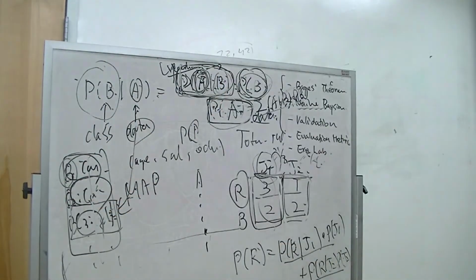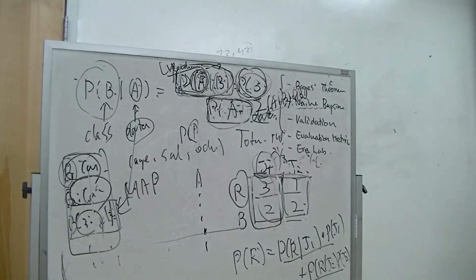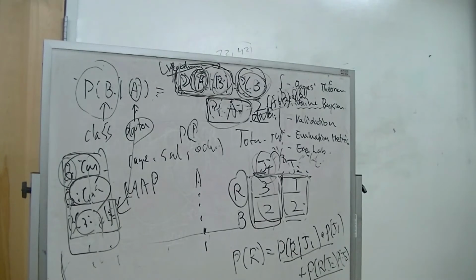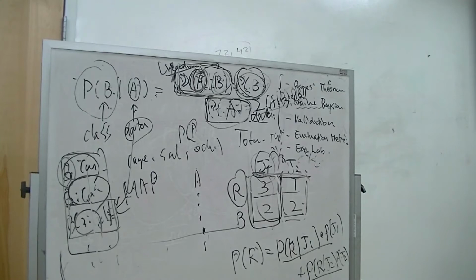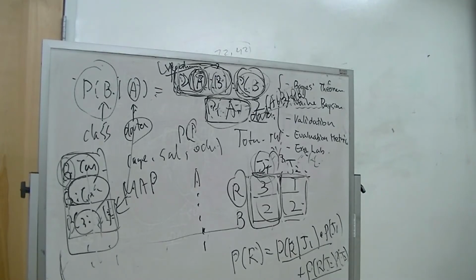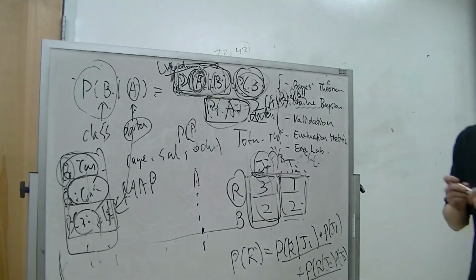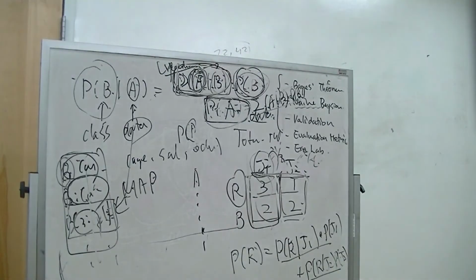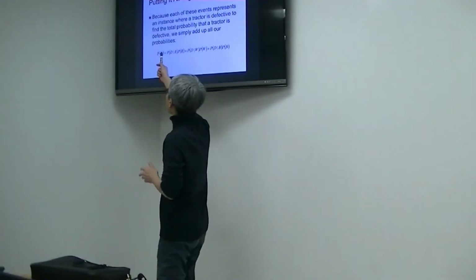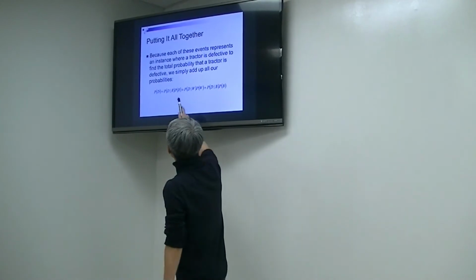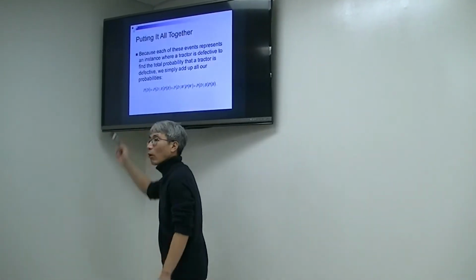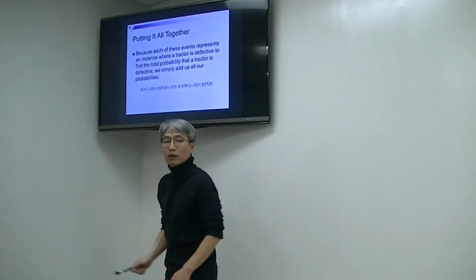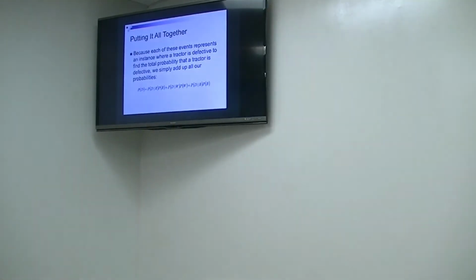That is total probability. So this one explains the total probability. This is the equation of total probability, when you consider the P of something D, so D is red, white, blue. You need to consider all of these cases to get the probability.